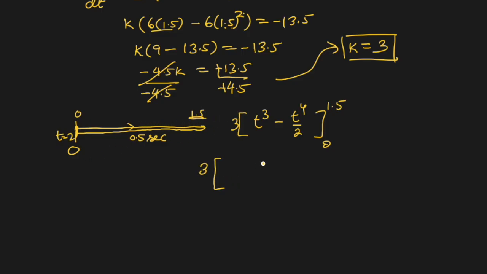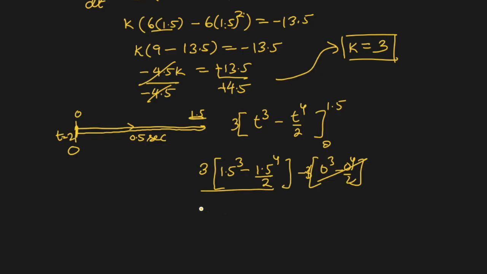So 1.5 cube minus 1.5 to the power 4 over 2, minus 0 cube minus 0 to the power 4 over 2, it is gone. Even if I put 3 here, it is gone. So this is the one displacement which we can get as an answer.